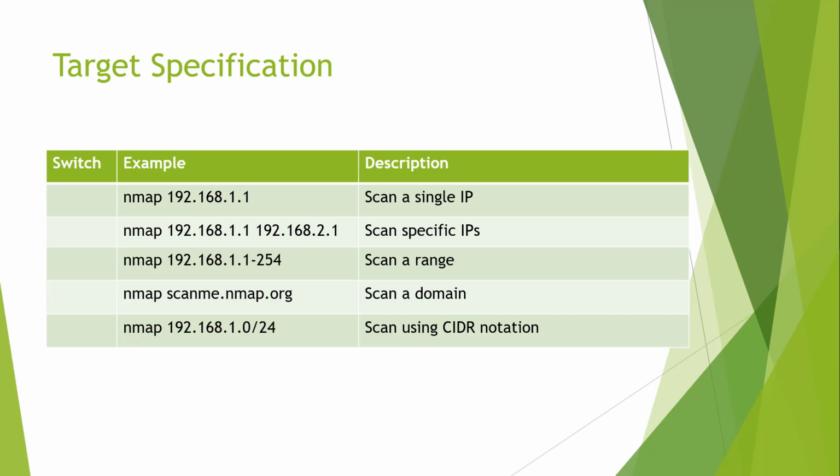The first one we have is if we want to scan a single IP, we can do nmap and just an address. If we want to scan a specific range, we can do that as well. If we want to scan a domain name or use slash notation, that's how we would do it.